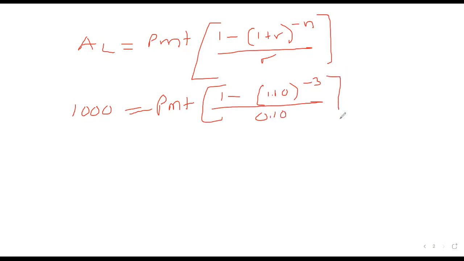Now this can also use the annuity table. When you clearly do it properly, what do we get on the other side? We get 2.487.